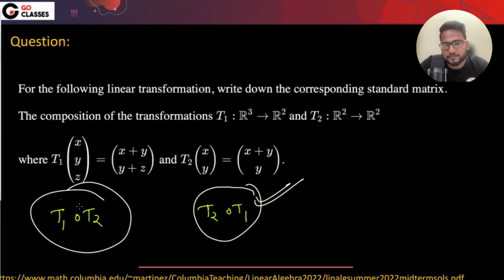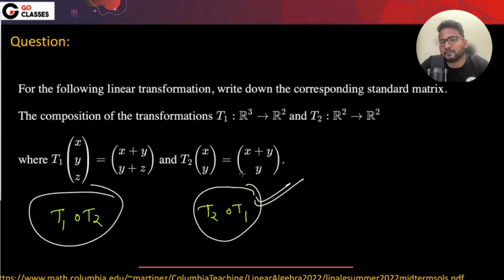But T2 will give a vector in R2, and then T1 cannot consume that vector. So this is not even making sense. That is the reason they have not specified whether it is T1 T2 or T2 T1, because one of them does not make sense.